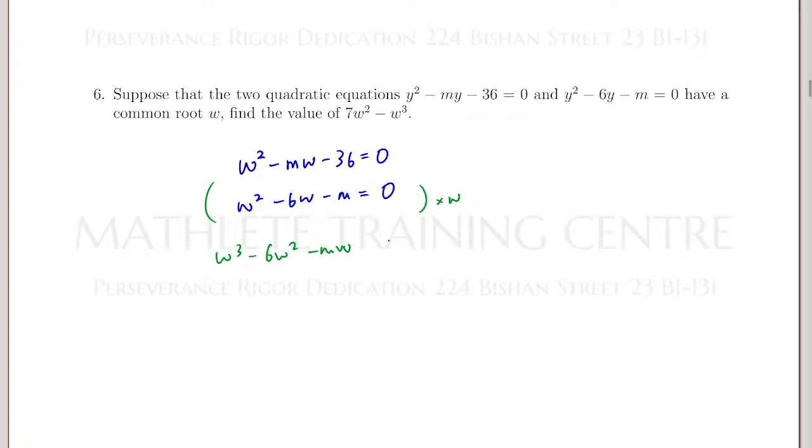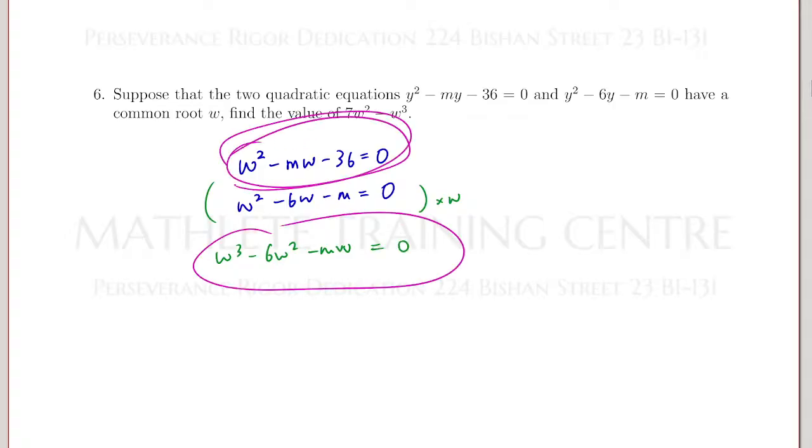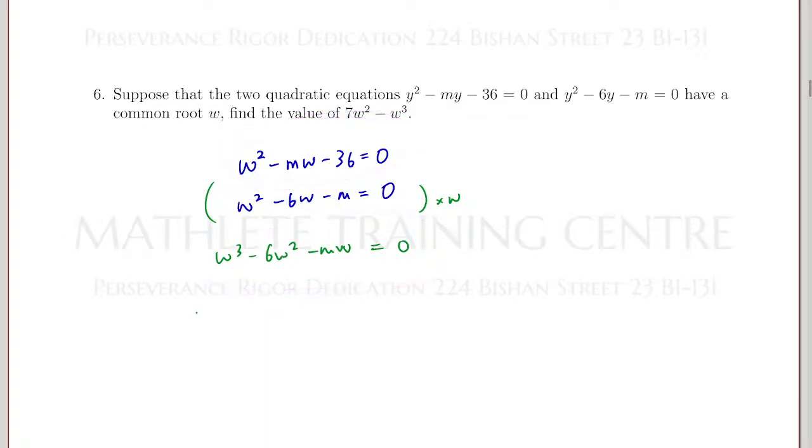And then now I can subtract with the first equation, right? But once you subtract, something very interesting happens. Once you subtract them, you just get w cubed minus 7w squared plus 36 is 0. Okay? So then, wait, something is wrong.